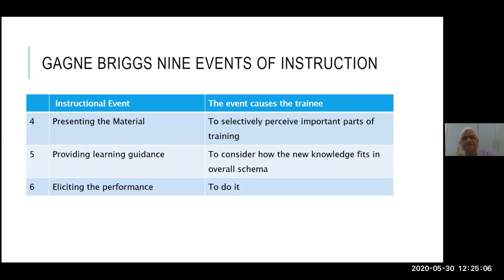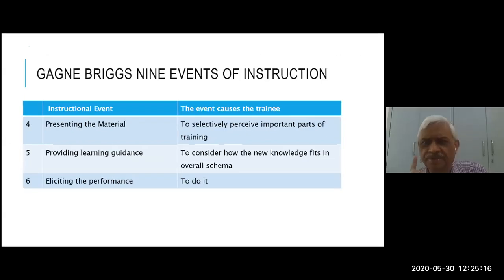Yeah, see, Bloom's model is not for the total instructional design. It is for instructional objectives, which is just the first part of instructional design. We had done Robert Mager's behavioral objective, then we had done Bloom's model.